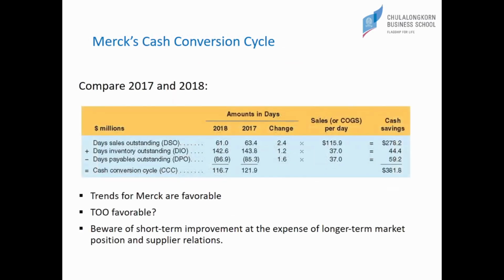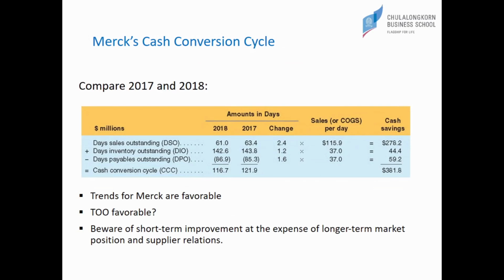So let's see here. Comparing between 2017 and 2018, we see that days sales outstanding has been reduced by 2.4 days. Okay, and we know that the sales is related to this DSO, right? Remember from the formula in the earlier slide.